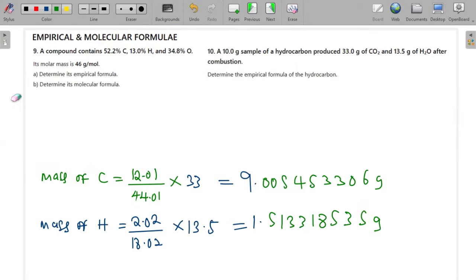Someone has their mic unmuted. I can hear myself. Okay, let me just mute them. Okay, so we can go directly and use these masses to find the empirical formula. If you fail to answer, Google before tomorrow because you only have today to Google.